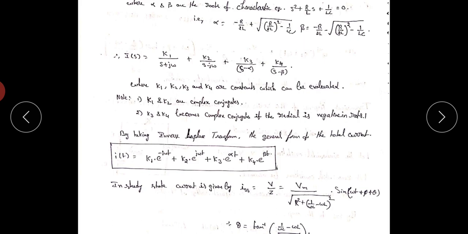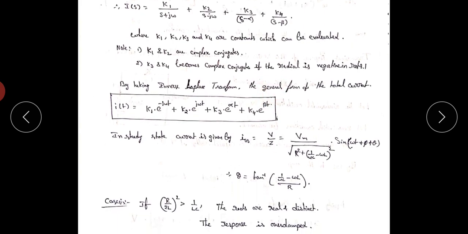So I of t equals k1 into e power minus j omega t, since the inverse Laplace transform of 1 by (s plus j omega) is e power minus j omega t, plus k2 into e power j omega t, plus k3 into e power alpha t, plus k4 into e power beta t.